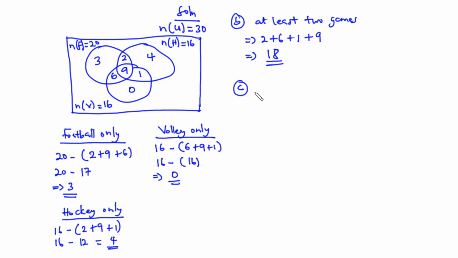Now for C, what is the probability that a student chosen at random from the class does not play any of the 3 games? So first of all, let's find the number of students who do not play any of the 3 games. So to find that number, we are going to add up all the numbers in the circles and then we subtract from the universal set.